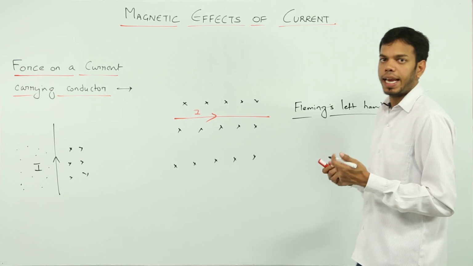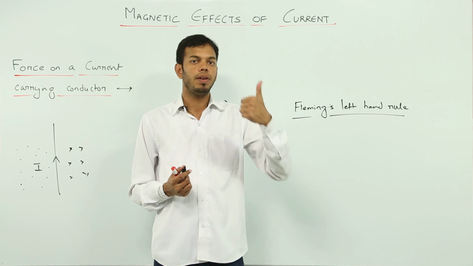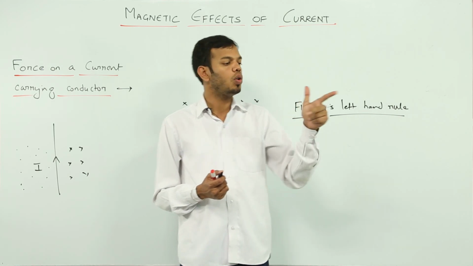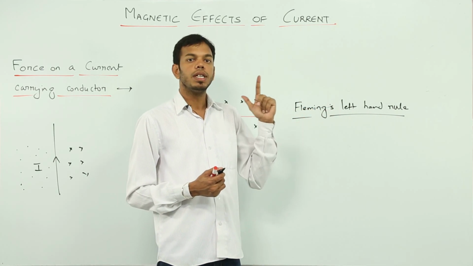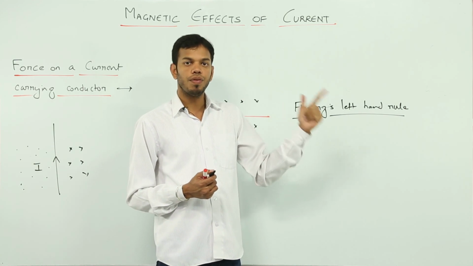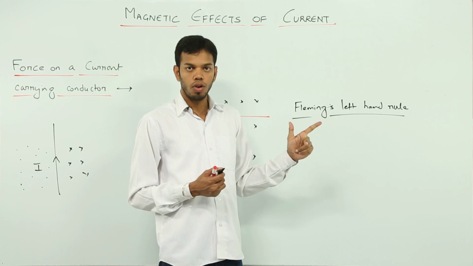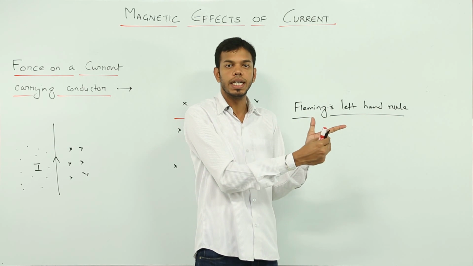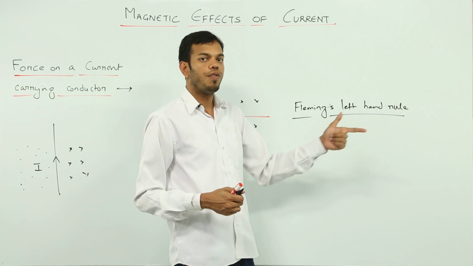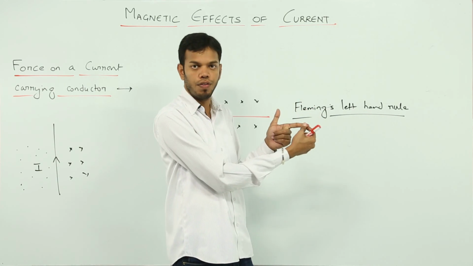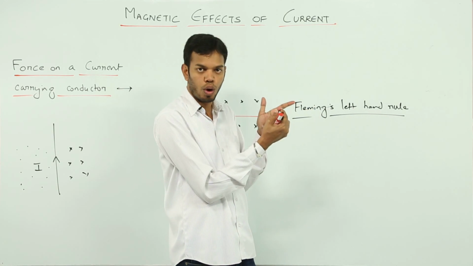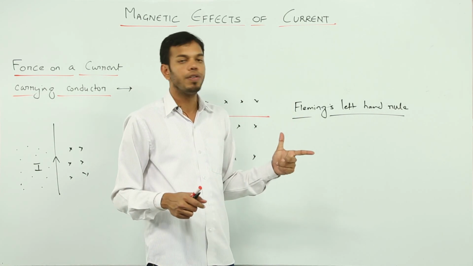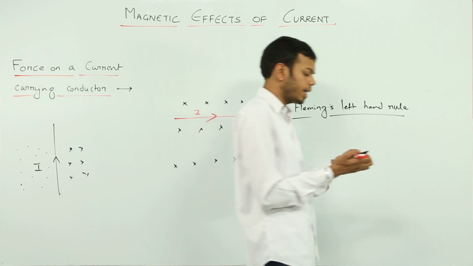The rule states: if you place the thumb, first finger and middle finger of your left hand in 3 mutually perpendicular directions, this is how they are in 3 mutually perpendicular directions, such that the first finger is representing the direction of magnetic field and the middle finger is representing the direction of flow of current, then the thumb will represent the force experienced by the conductor. So the thumb gives you the direction of force experienced by the conductor.